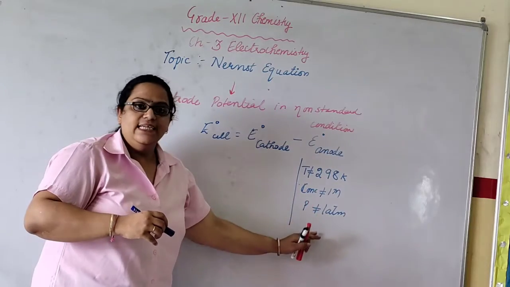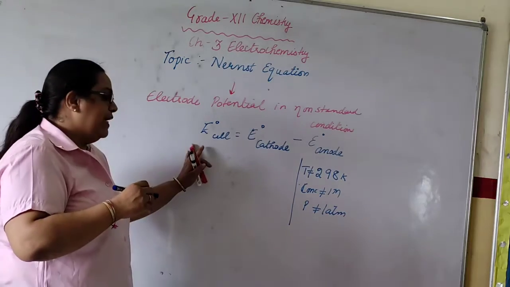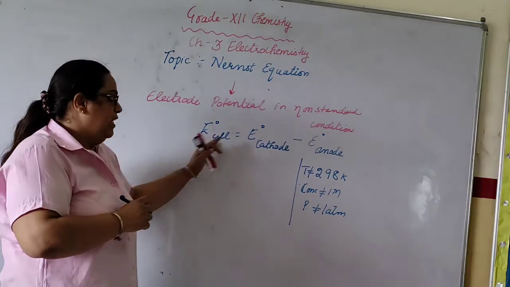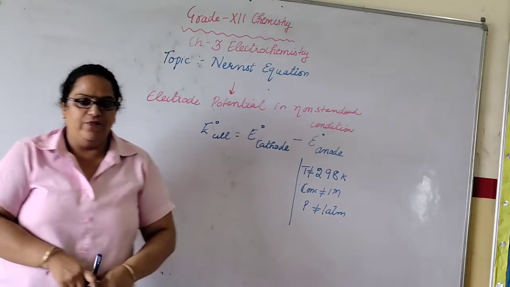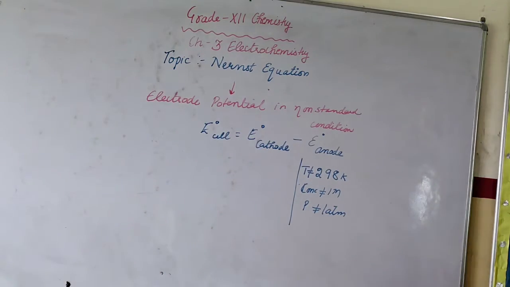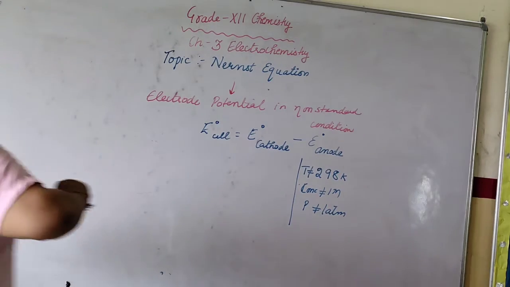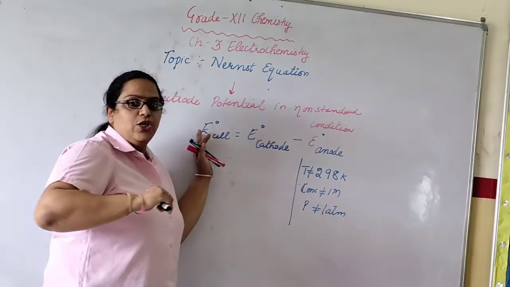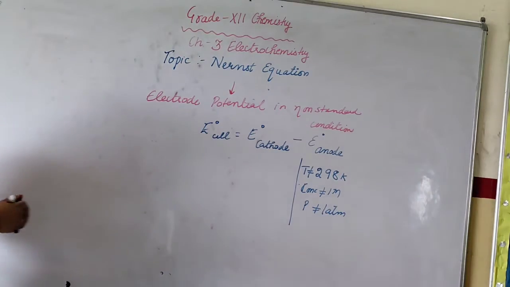In standard conditions, we can calculate the E naught of the cell by taking the reduction potential of the cathode minus the reduction potential of the anode. But in non-standard conditions, we have to use the Nernst equation for calculating E cell.